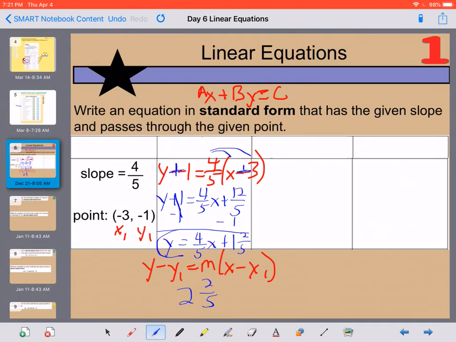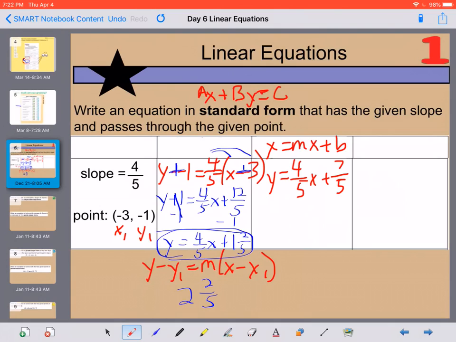So now we have this equation. We have y equals 4/5 x plus 1 2/5. Well, that is 7/5. Now this is slope-intercept form, which is y equals mx plus b.